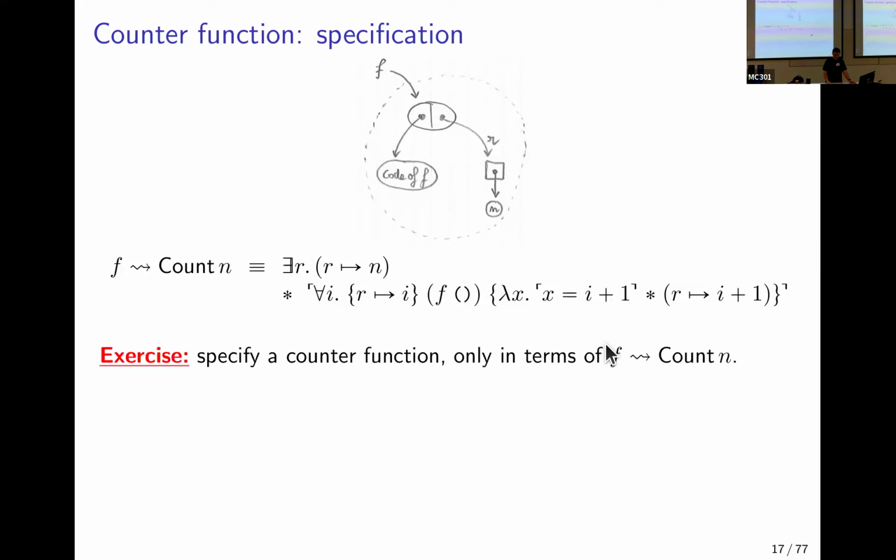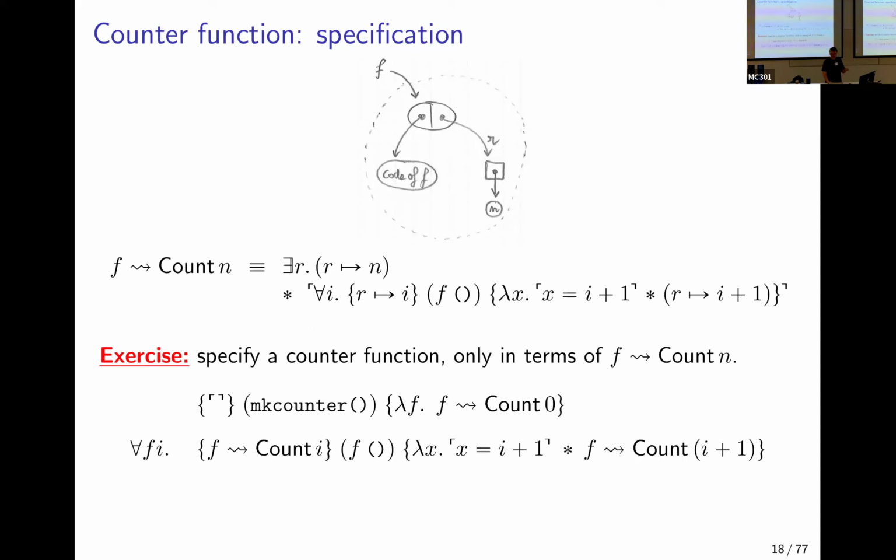And so now, exercise, but we'll go a bit quickly. How do we specify this? That's just a counter data structure, basic representation predicate at least. When we specify the function make counter, we say that we don't require anything as precondition, and we return an f that satisfies count of 0. Then we could unfold the count of 0 to use it every time, but we can also specify this f.